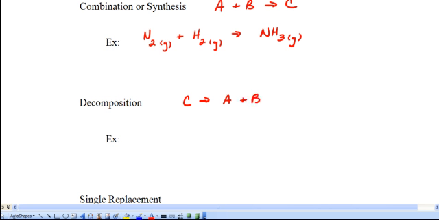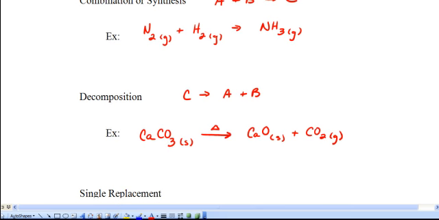For example, you could take calcium carbonate, CaCO3, solid, and if you heat this up, so I'm going to put a triangle over the top of the arrow, you're going to produce calcium oxide and carbon dioxide gas. So that would be considered a decomposition reaction, taking one substance and breaking it down into individual parts.